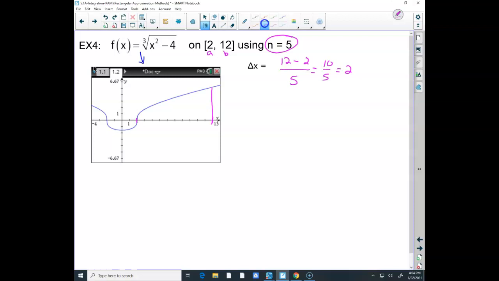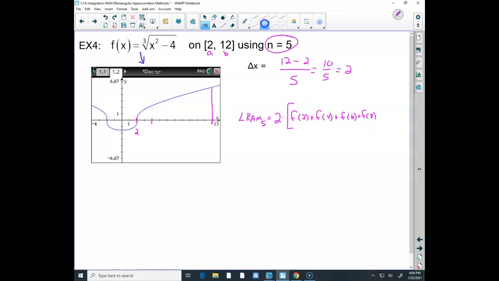So if I'm looking first for my left RAM of 5, I know my width, my delta x, is 2 times f of what? Well, if I'm using my left endpoint, it's going to be f of 2 plus f of, what's the next one? Well, width is 2, so that's going to be 4. f of 4 plus f of 6 plus f of 8.